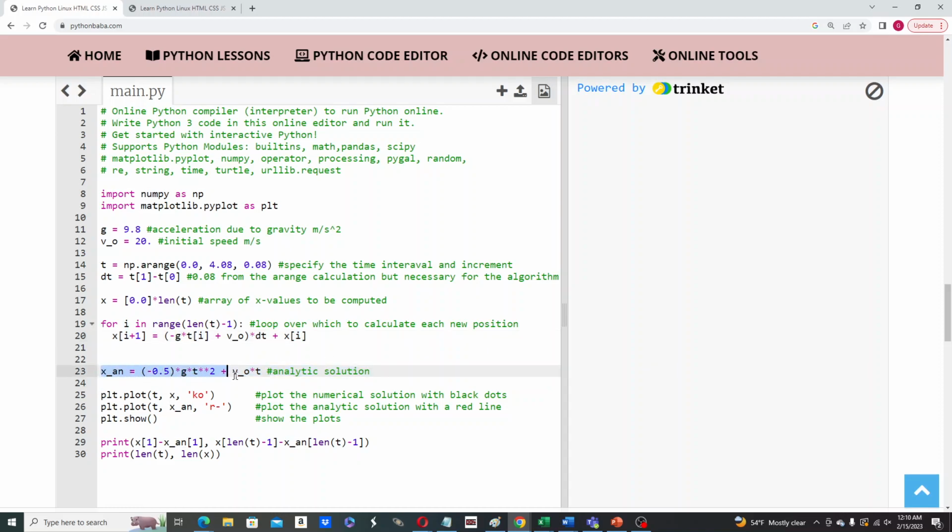Here is the analytic solution that we found from calculus, and here we're plotting the numerical solution. And so I'm going to plot t on the x-axis and my positions on the y-axis, and I'm going to plot these with black circles.